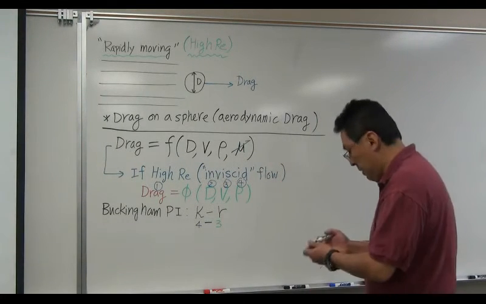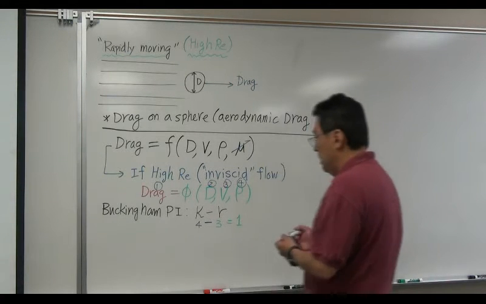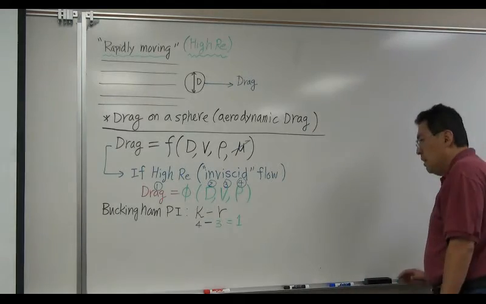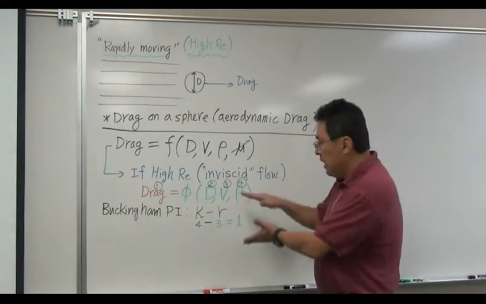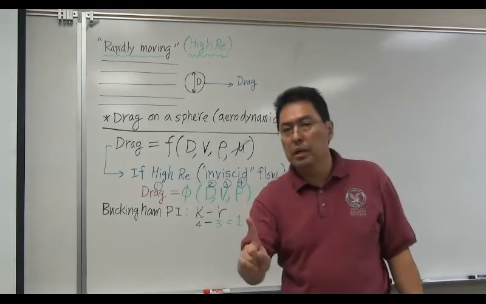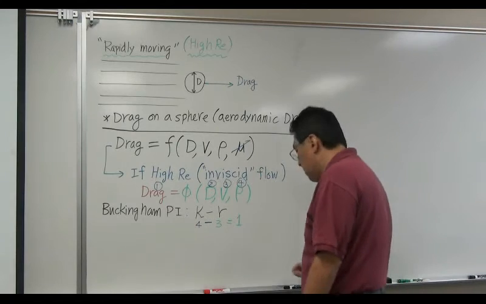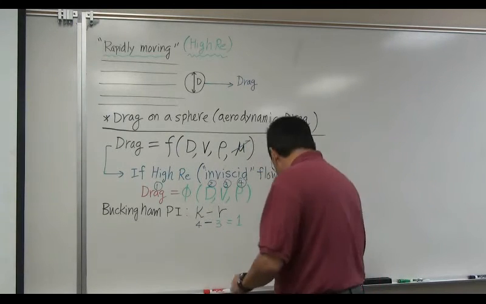This makes it 1. Oh, what do you mean 1? Buckingham pi theorem says this problem can alternatively be represented by only one dimensionless property. That's called drag coefficient.